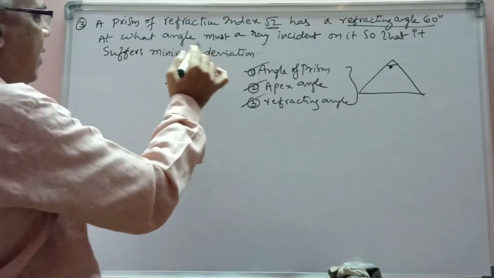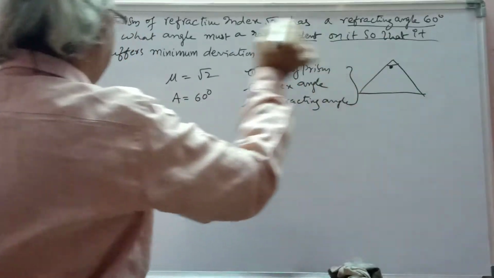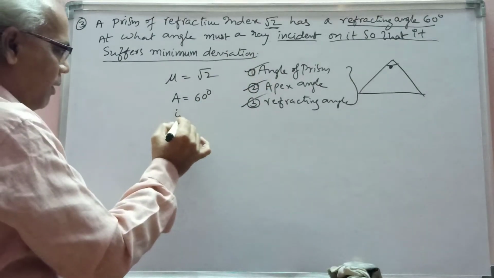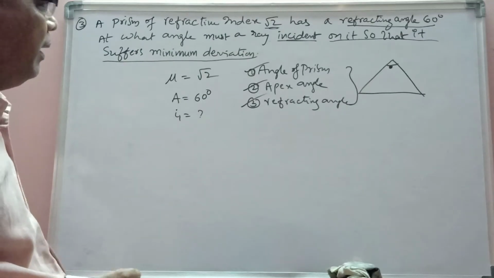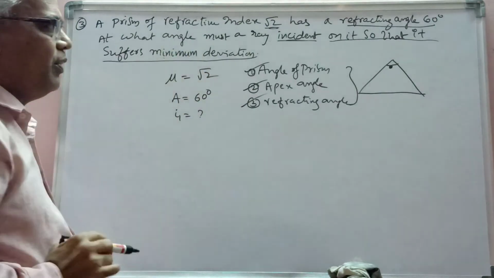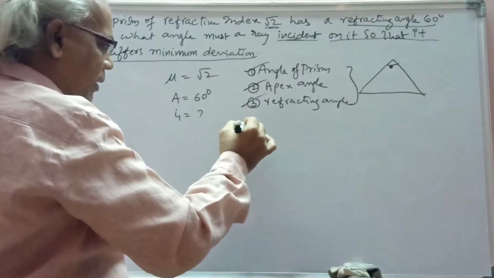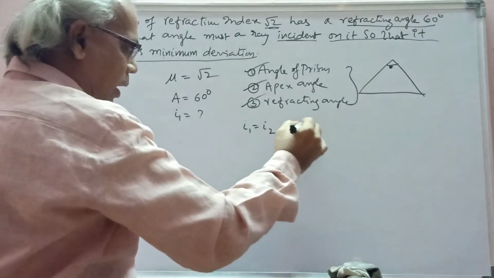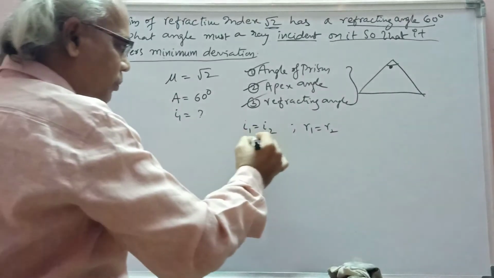At what angle must a ray be incident on it so that it suffers minimum deviation? So the I1 value is asked, and the condition is given that it suffers minimum deviation. Minimum deviation means I1 is equal to I2, and R1 is equal to R2 also. These are the conditions.